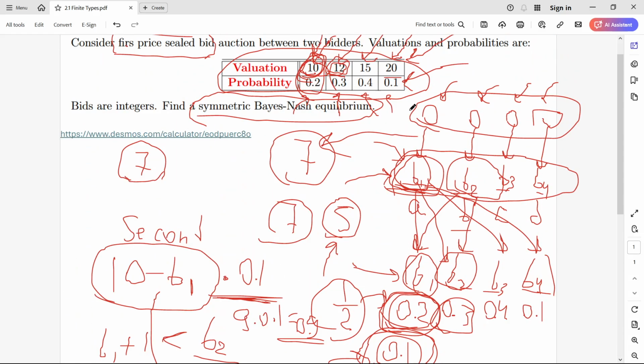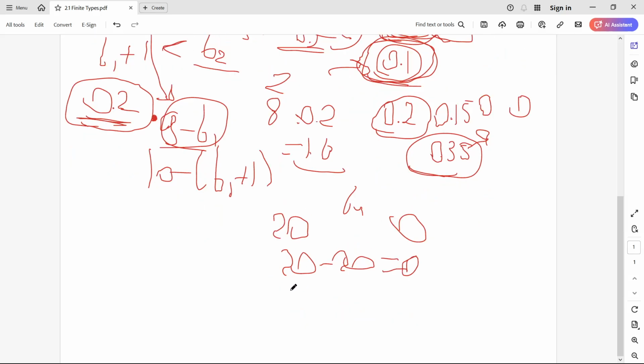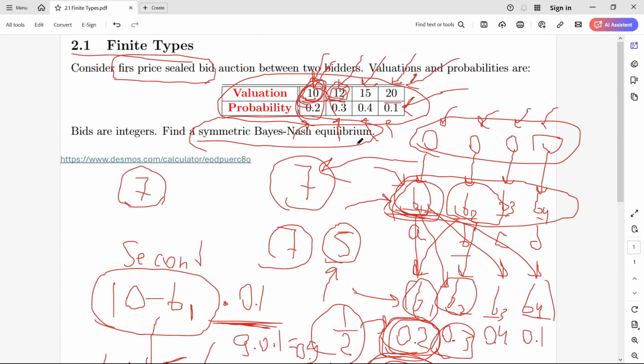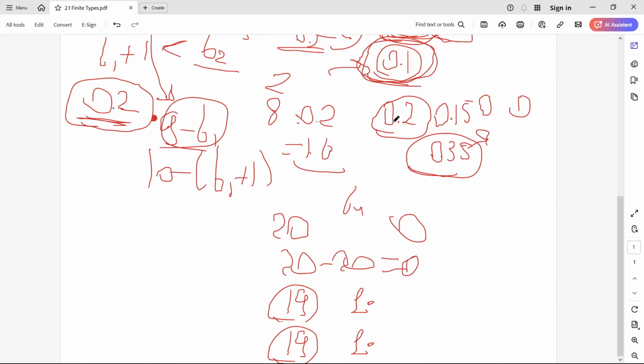So wouldn't it be better to just reduce your bid to 19? If you reduce your bid to 19, you will get 1 payoff if you win, and the probability of winning is 0.2 plus 0.3 plus 0.4, but not this, because you lose to this guy now, because you reduced the bid. But it's still 0.9, and you get 0.9 payoff.